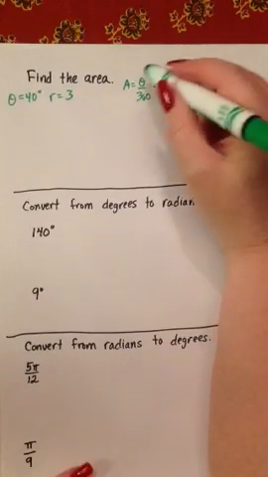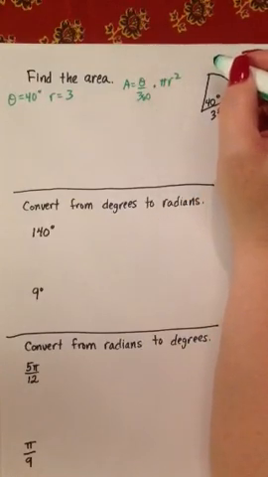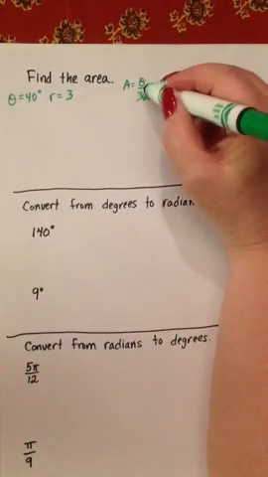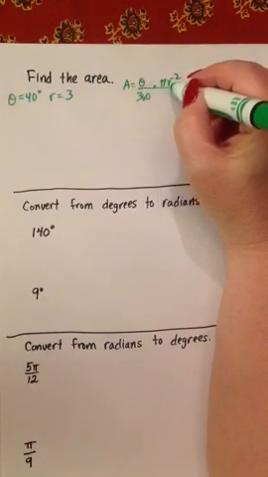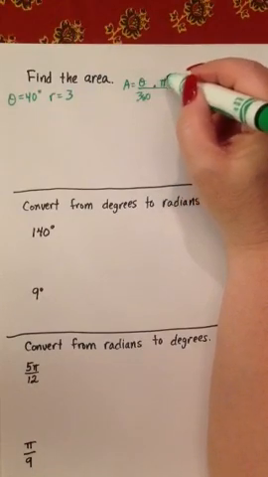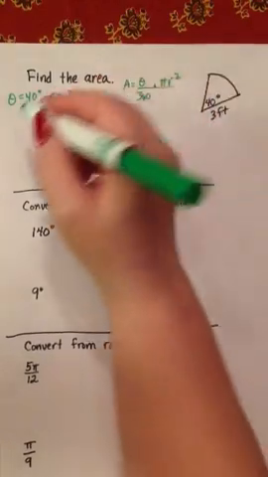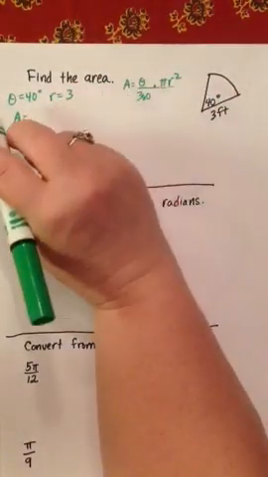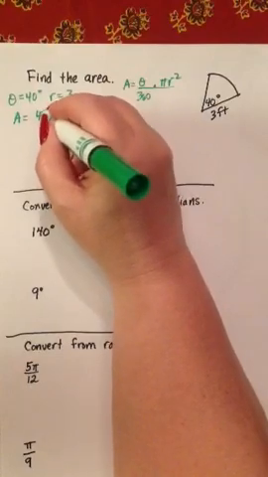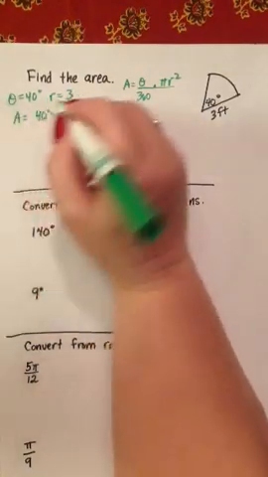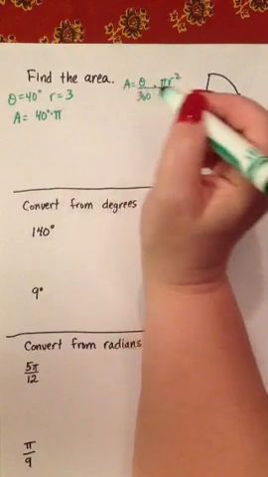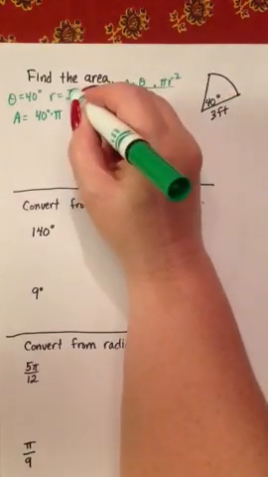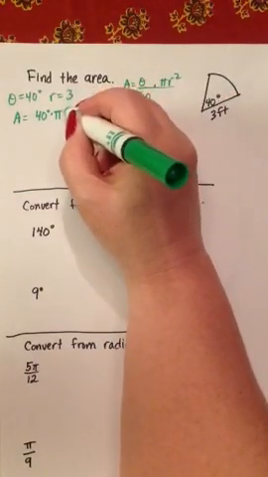Okay, so that's the general formula, and so really you could say it's like theta times pi times r squared divided by 360. So I'm going to say area is equal to theta, which is 40 degrees, times pi times r squared. Would you agree with me, since r is 3, r squared will be 9.